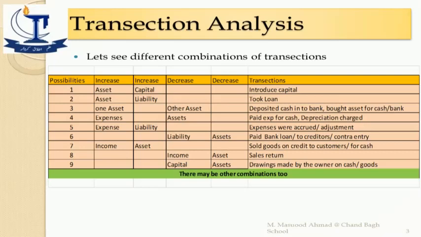In double entry there are two equal aspects of every financial transaction. It does not mean that one thing is increasing and the other thing is decreasing. That is not going to happen in accounting. So let's see.